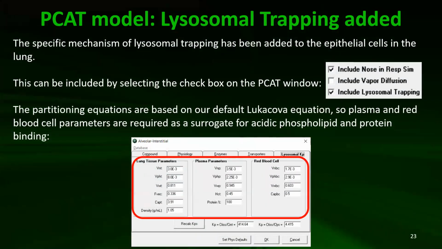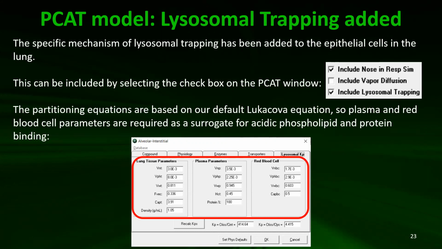The second enhancement to the PCAT model is the addition of the specific mechanism of lysosomal trapping in the epithelial cells of the lung. So this is included by selecting the checkbox, include lysosomal trapping, on the PCAT window. The partition equations are based on our default Lukacova equation.